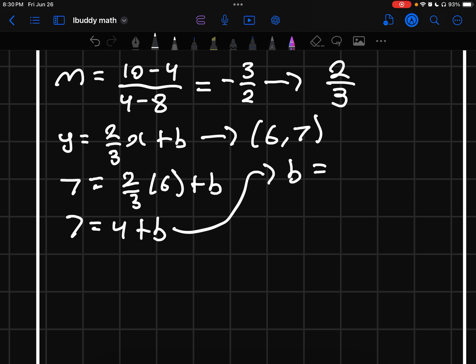And b is equal to 3. So then we can plug this back into y equals mx plus b to get our equation. y is equal to 2 over 3x plus 3.